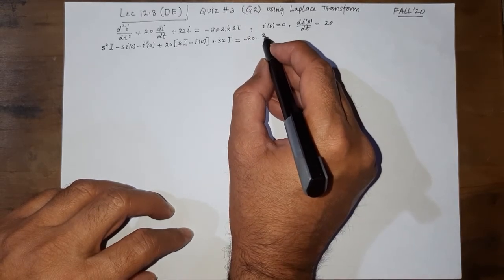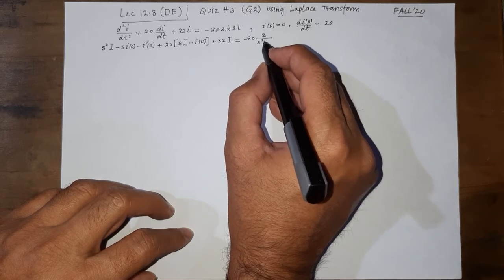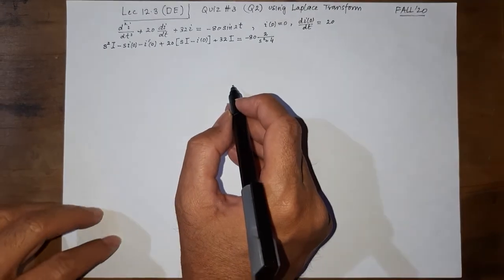So we get 2 over s square plus 2 square, which is 4.